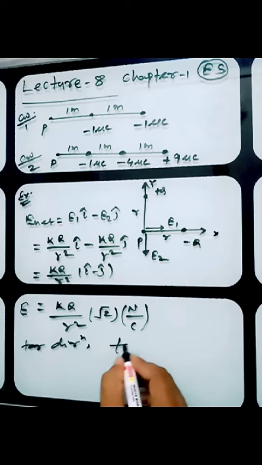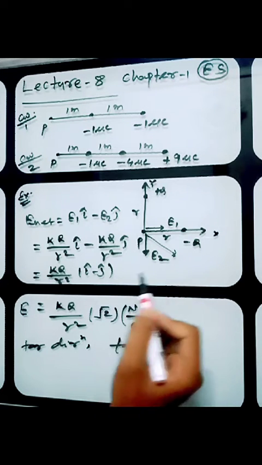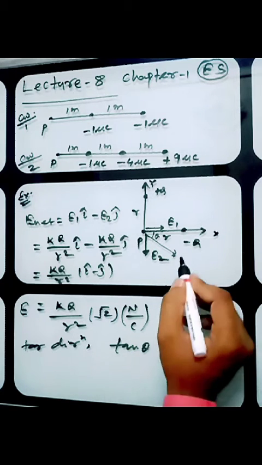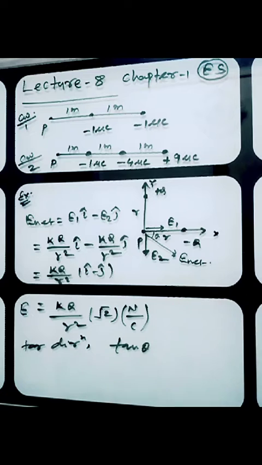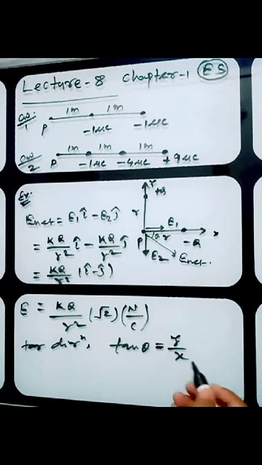we have studied the tan theta. Since this is the electric field, with the x-axis, if you find out the direction theta of the net electric field, tan theta is the coefficient of y by x. We have studied that if we are finding the direction with the x-axis, then x would be the denominator.